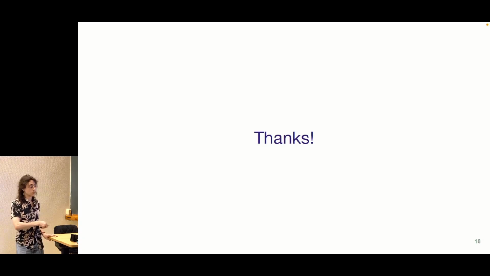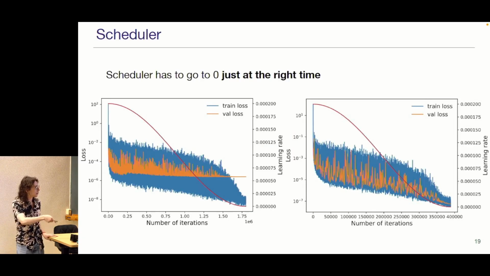What you see, let me show you. Here is 10 to the 6 iterations, which, if you translate it to epochs, is roughly 10,000 epochs. And you see that in this case, it could reasonably keep going down.